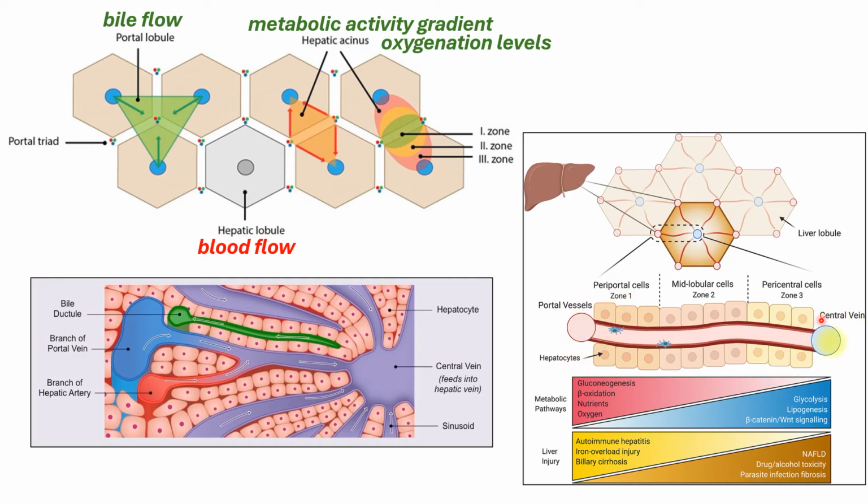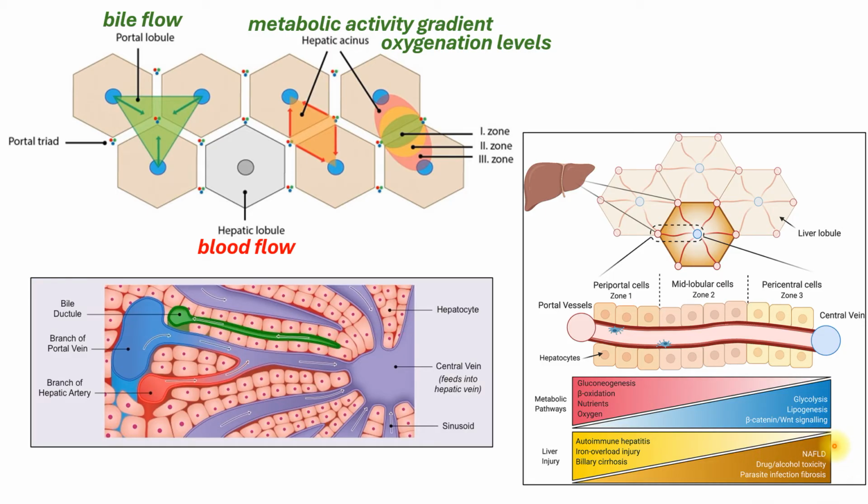While the central vein area near it, zone 3, would have less oxygen, less nutrients, but it would have more glycolysis and lipogenesis and other signaling. And then this area is also susceptible for fibrosis, parasite infection, as well as alcohol toxicity.